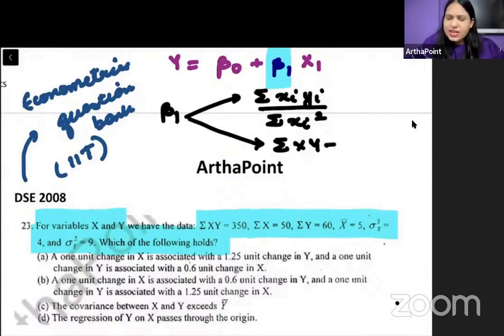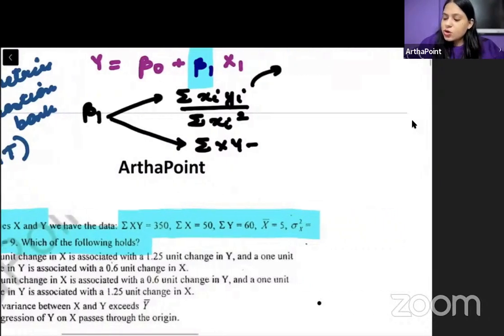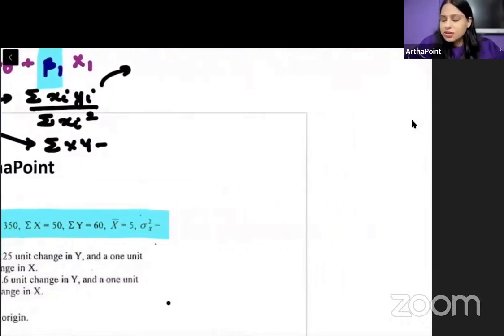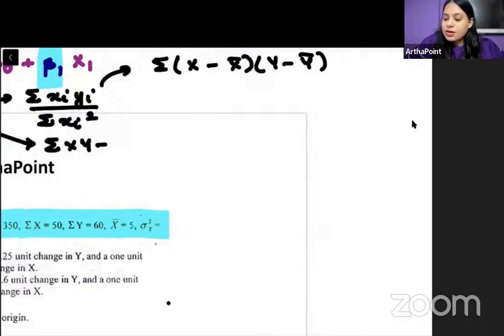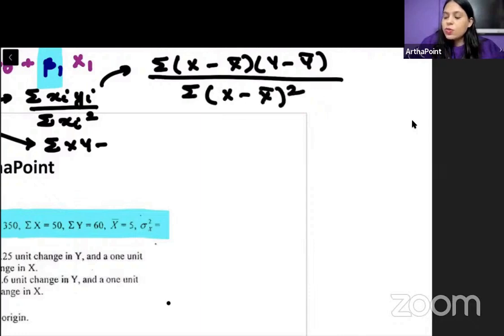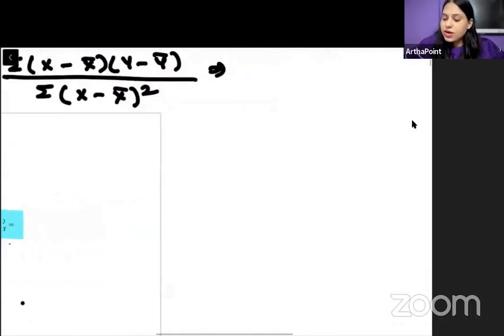The second formula, you can also derive from the first formula if you just open this up. Suppose you don't remember the second formula, you just write x minus x bar, y minus y bar upon summation x minus x bar whole square and open this up. If you open this up, what will you get?